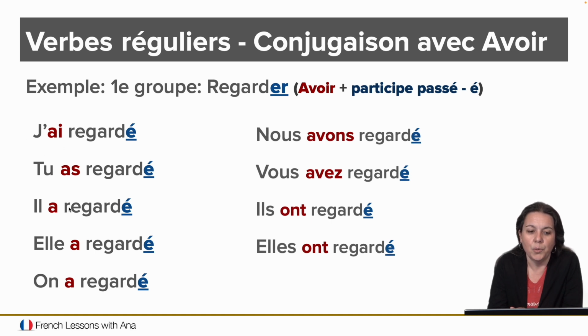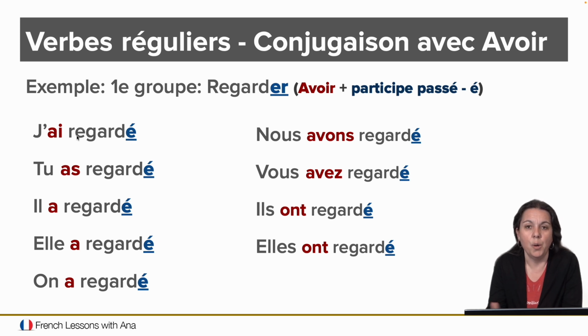So, there are always three parts to conjugate a verb in the passé composé affirmatif, right? We're not looking at the negative form. So it's the subject pronoun, the verb avoir, which is the helper conjugated in the present tense, and the main verb, whatever it is that you are expressing, in the participe passé.